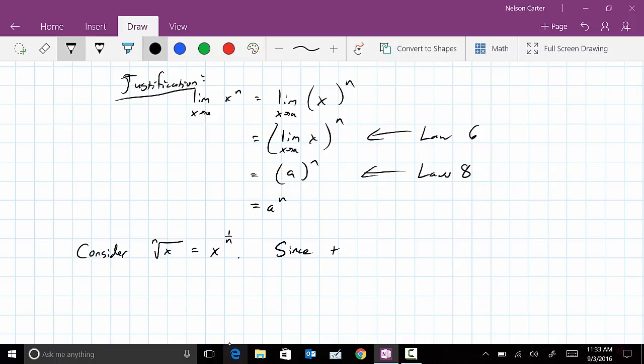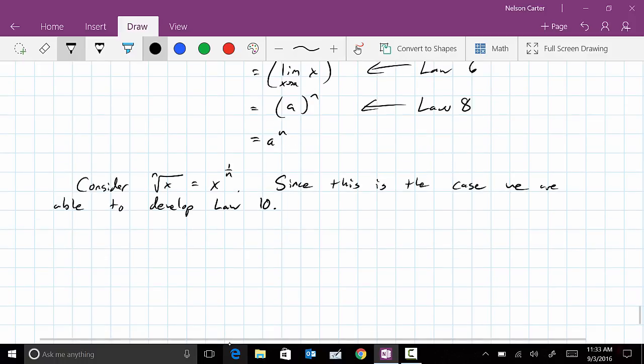Since this is the case, we are able to develop Law 10. Okay, Law 10. And I would need to do more to prove it to you, but if you'd like to see a proof, you can always see me after class.